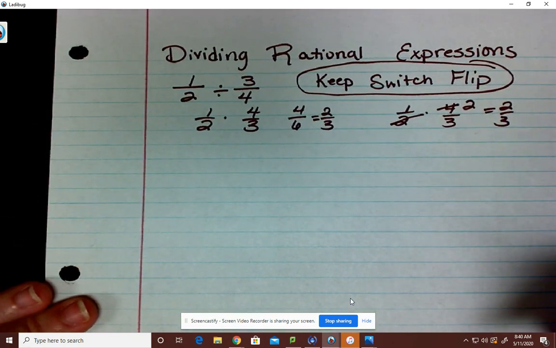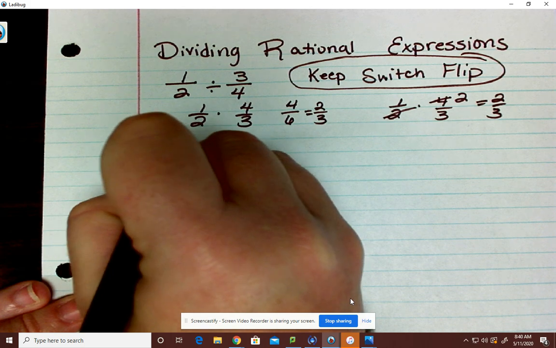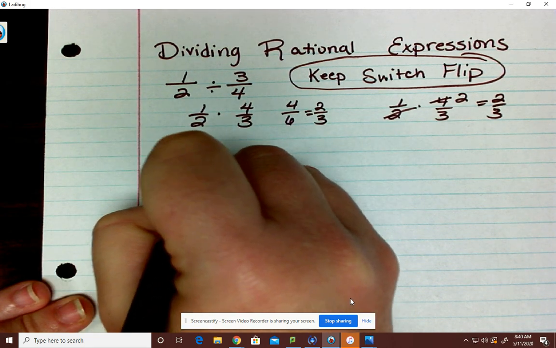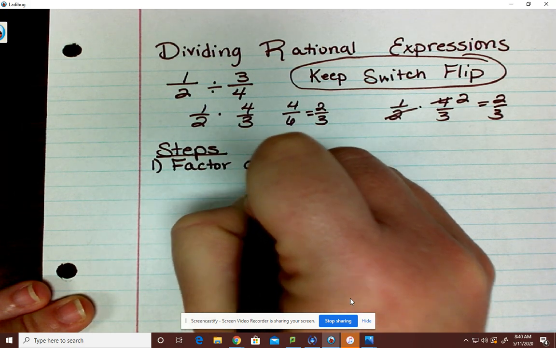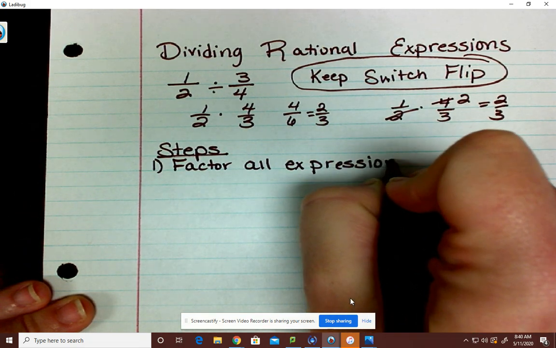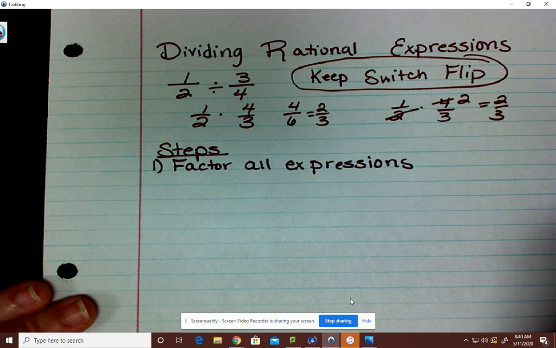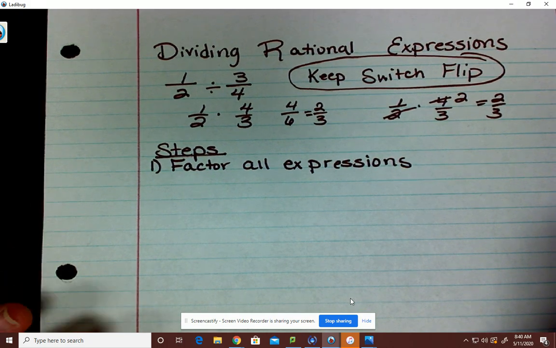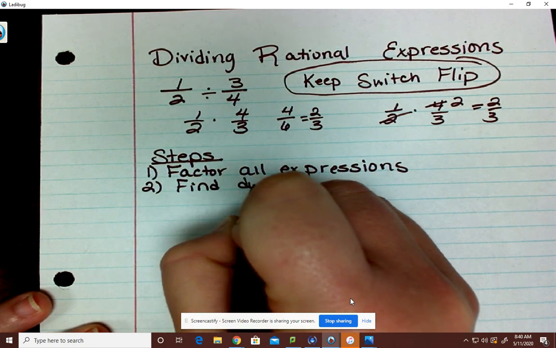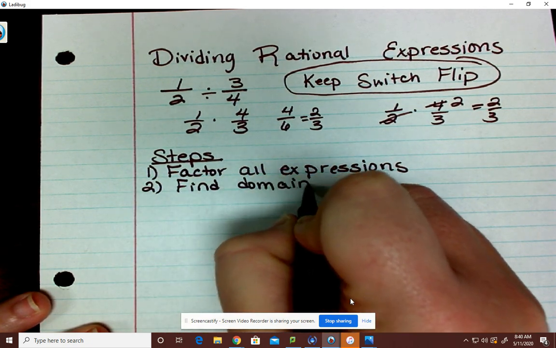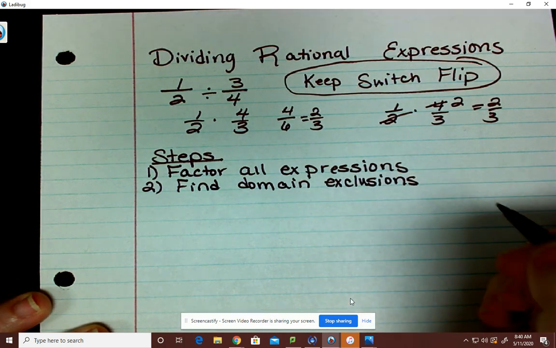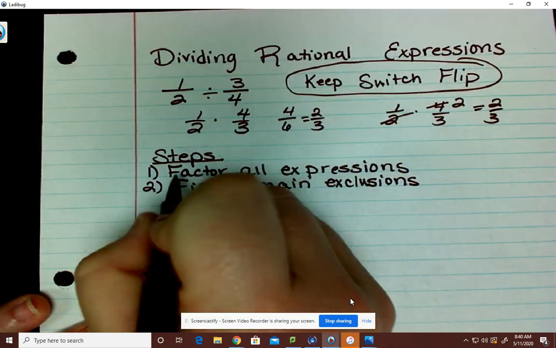So let's talk about our steps. Notice the first step in every one of these that we've done so far has said factor, and that's what we'll be doing again. You're going to factor all your expressions. You're going to find your domain exclusions. The timing of this is going to be very important on when you find your domain exclusions.